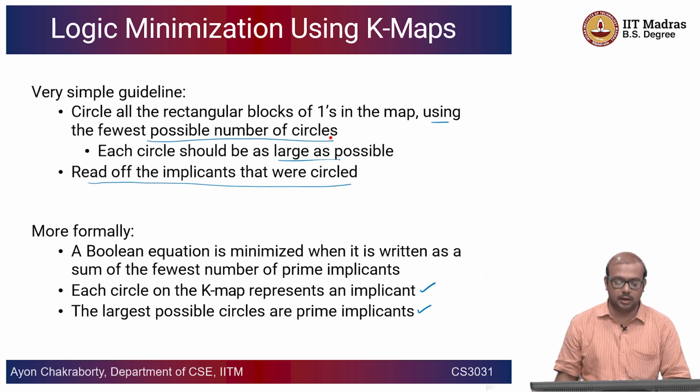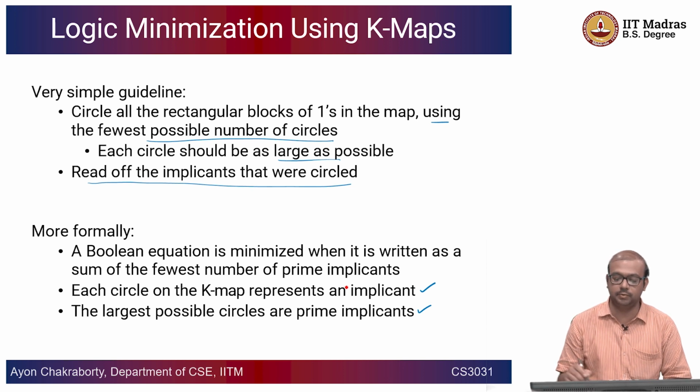The Boolean equation is minimized when it is written as a sum of the fewest number of prime implicants. If it is written as a sum of that, then the Boolean expression is said to be minimized, and each circle on the Kmap represents an implicant.